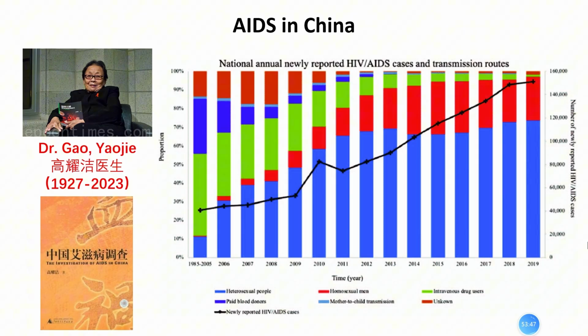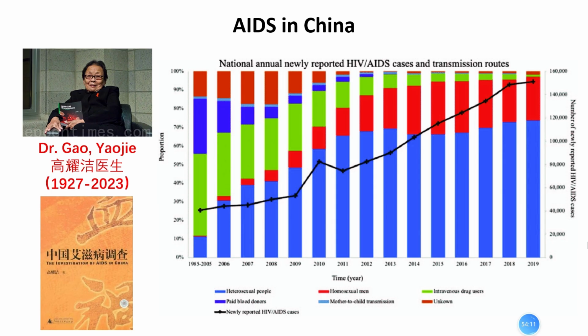But the problem you find in this picture is this curve. It's getting higher and higher. This is the newly reported HIV/AIDS cases. It's getting higher and higher in China. So the situation is not good, it's getting worse in China.